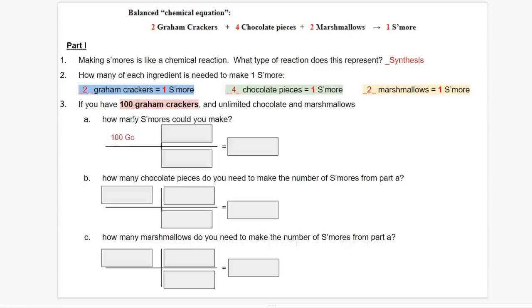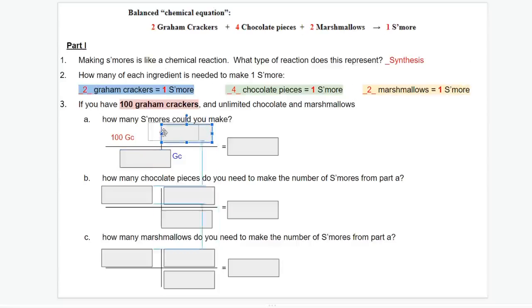So I know that I have 100 graham crackers, and I want to solve for how many s'mores I can make. Well, if I start with graham crackers, then I'm going to want to divide by graham crackers. If I look at my equivalency statements, I have graham crackers to s'mores, chocolate pieces to s'mores, marshmallows to s'mores. I can convert from graham crackers to s'mores.